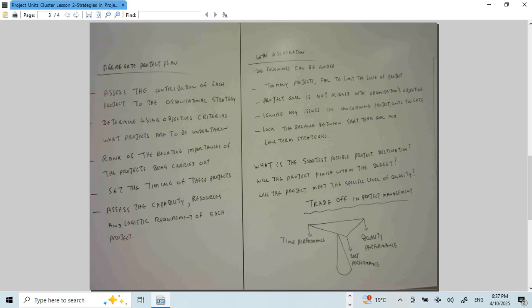And specifically, for how much a project contributes to the organizational strategy, you need to assess, and then you have to utilize the project objectives and criteria. Then you have to rank the tasks. Important tasks have to be ranked, based on the importance of the project.